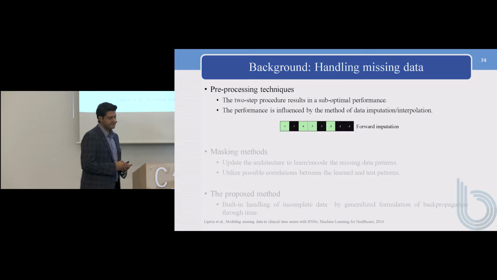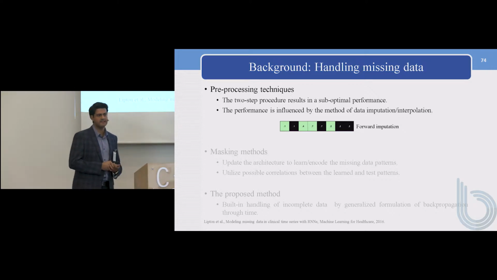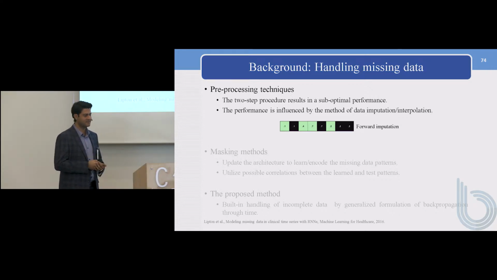In the context of handling missing data in RNNs, there are a few methods. One of the most widely used are pre-processing techniques, which use two-step algorithms like imputation or interpolation based on mean, forward selection, expectation maximization, or even cubic or spline interpolation.